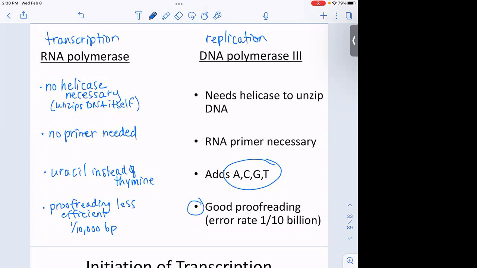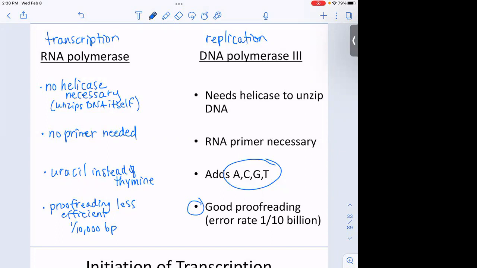Replication is like the blueprint, right? And if the blueprint is wrong, if you copy a recipe wrong, every time you make the recipe, the cookies or whatever are not going to work out.